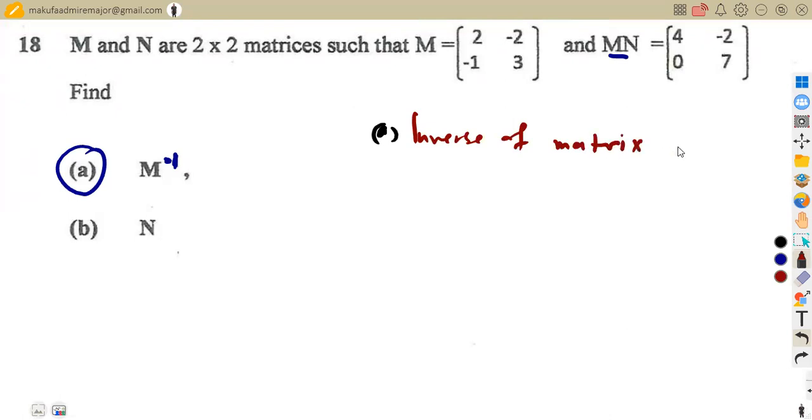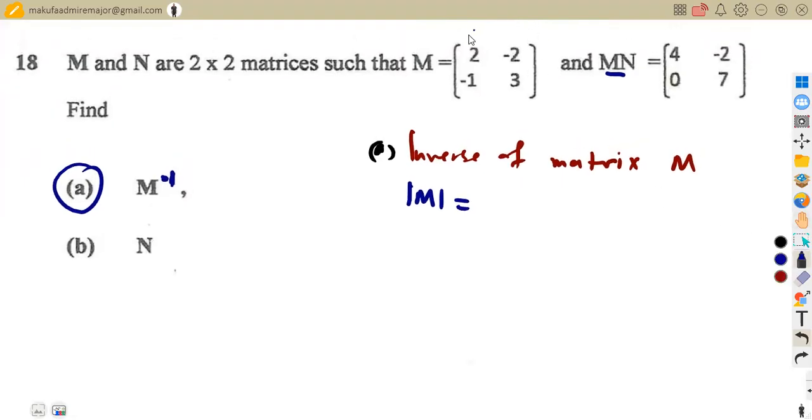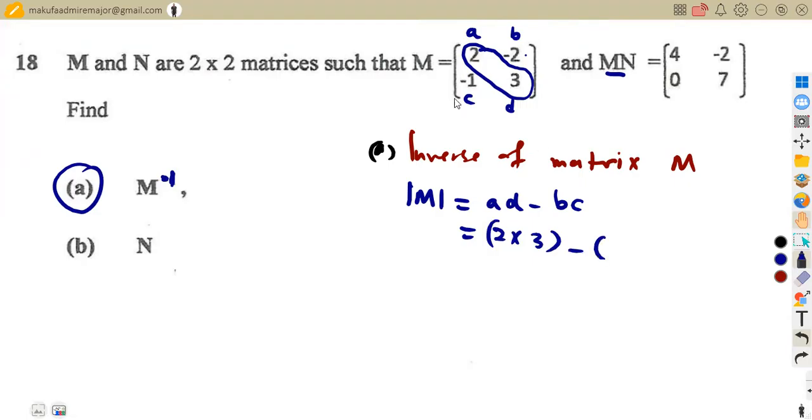How do you calculate the inverse of a matrix? Remember, the first thing is to determine the determinant of that matrix, which is AD minus BC. It is the product of the major diagonal minus the product of the minor diagonal, which is B and C. So our formula is AD minus BC, which is 2 times 3 minus (-2) times (-1).